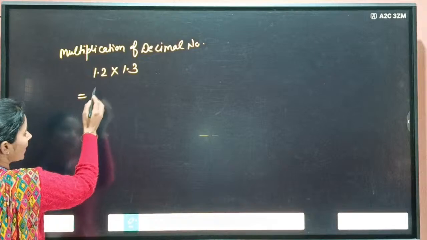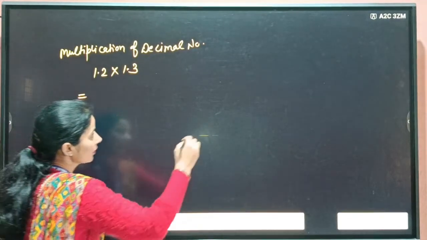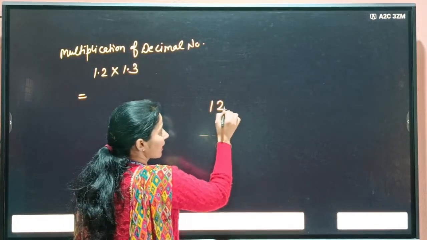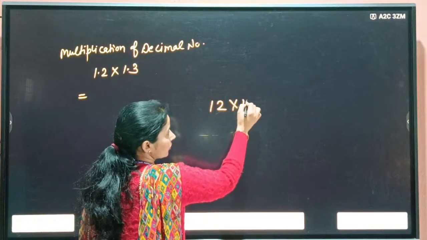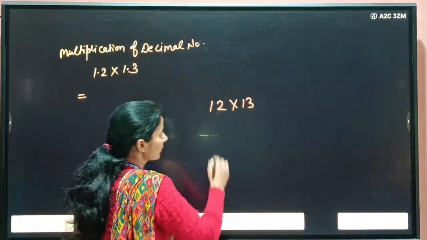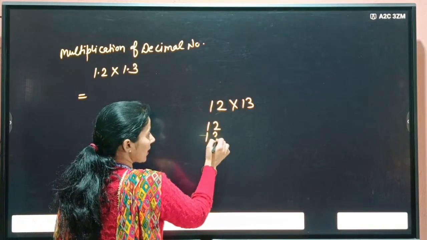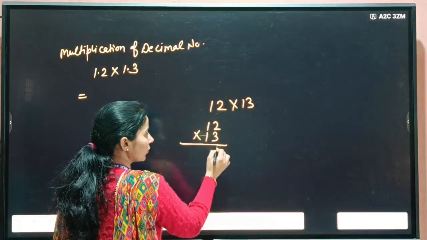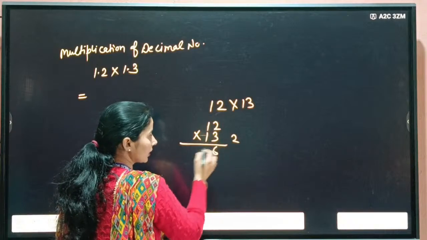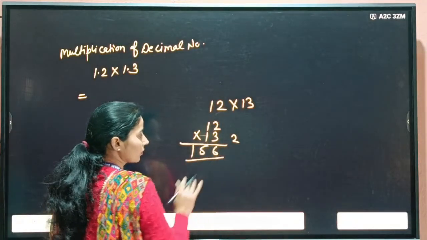Now, how can we multiply these numbers? Simply, without the decimal, we will multiply them as whole numbers. 12 multiplied by 13. 13 twos are 26. 13 ones are 13 and 2, 15.